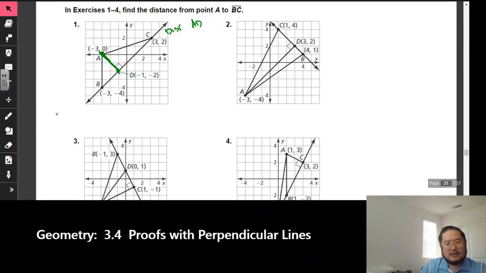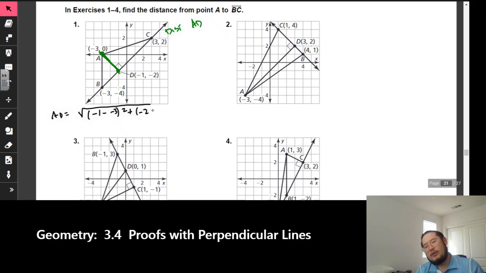So let's find the distance of A to D, and that's equal to, and remember we got our distance formula, we got -1 and we're going to go ahead and put minus -3 quantity squared plus -2 minus 0 quantity squared.